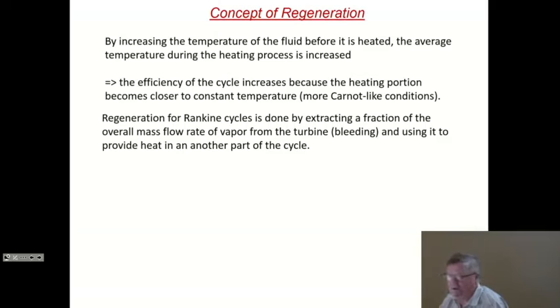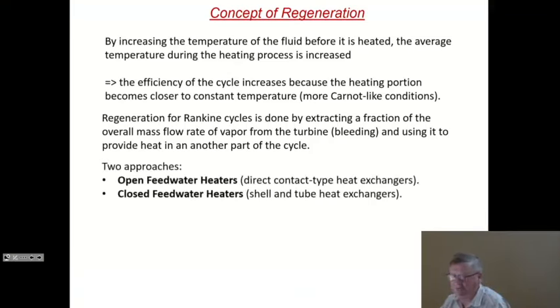Okay, so the way we do this is by taking some water from the high temperature part of the cycle and mixing that with water at the low temperature part of the cycle. Actually, the water doesn't have to be mixed. What has to be done is the heat has to be transferred from water at the high temperature part of the cycle to the low part of the cycle.